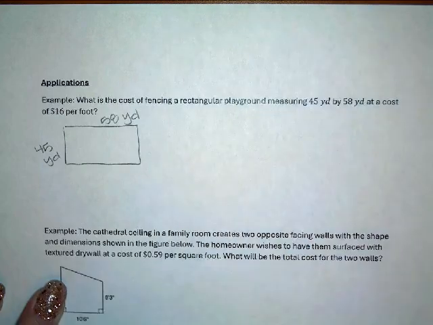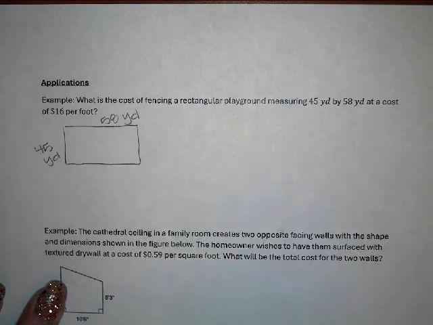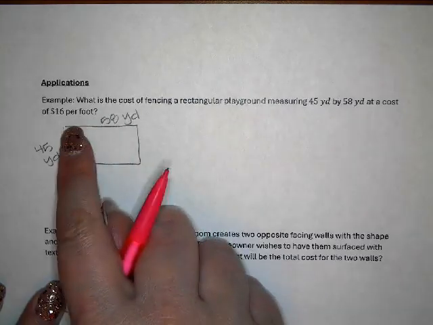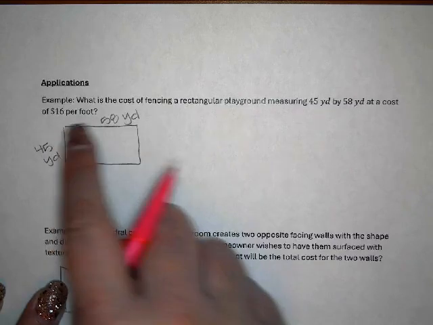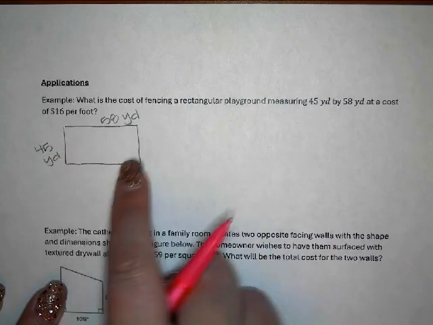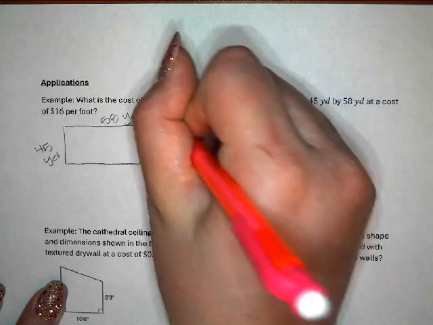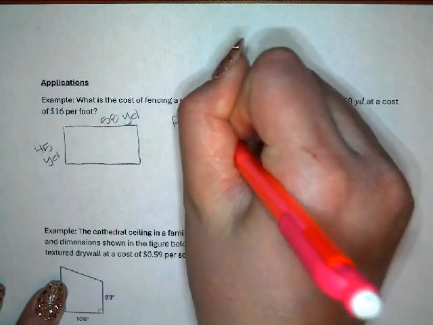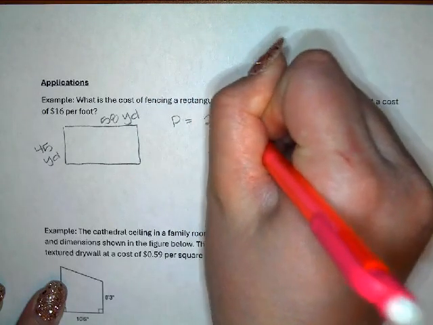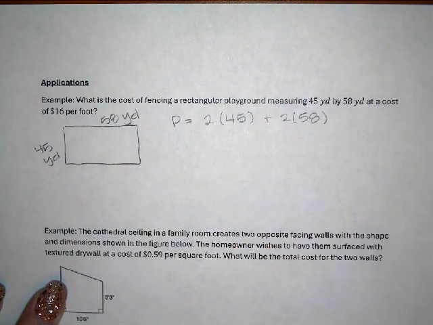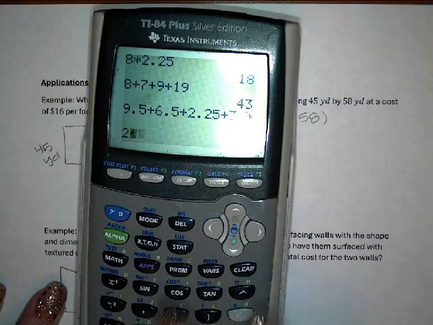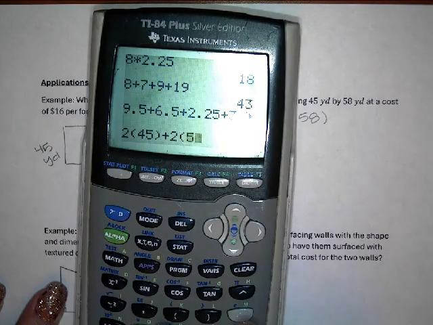So if it's fencing, we're not talking about area. We must be talking about perimeter because fencing goes around the outside. So I'm going to find the perimeter to see how much fence I need. So 206 yards of fence.